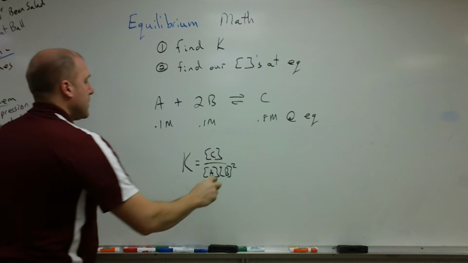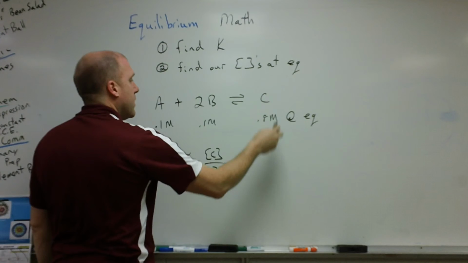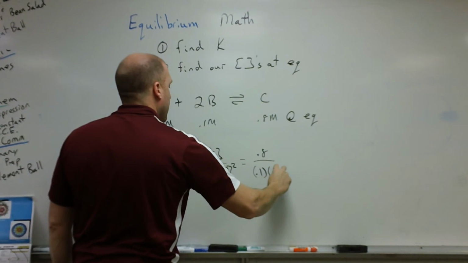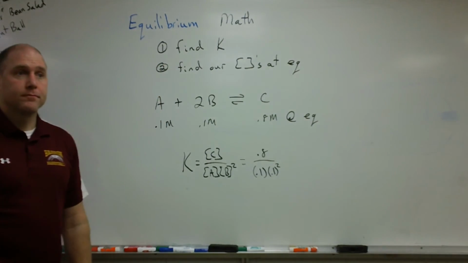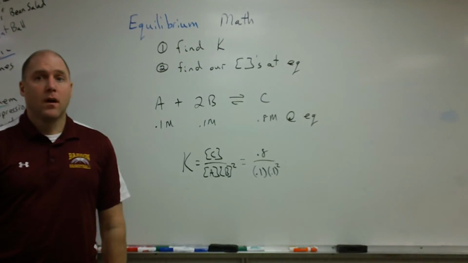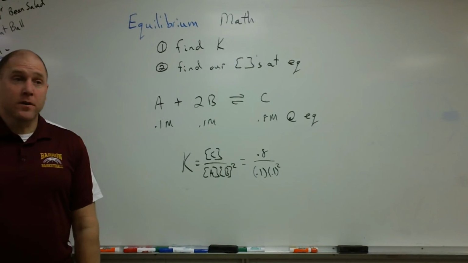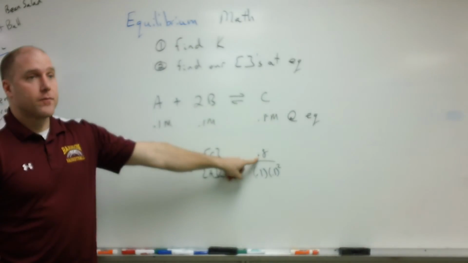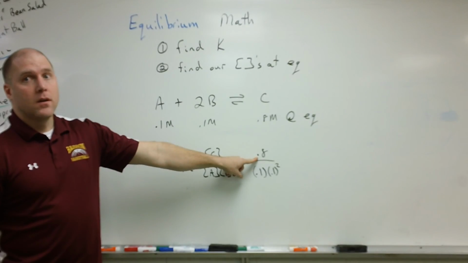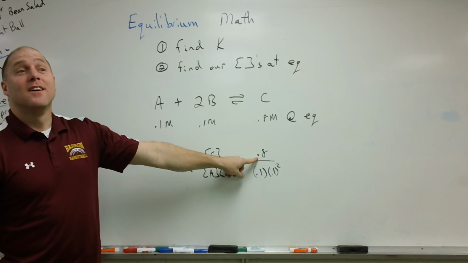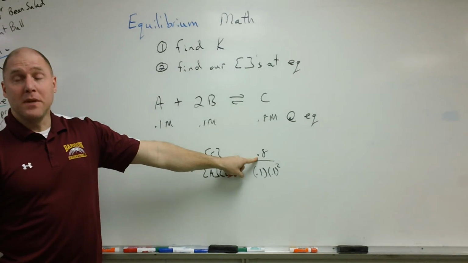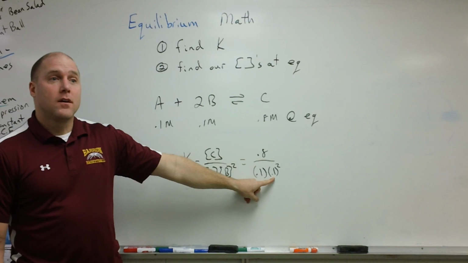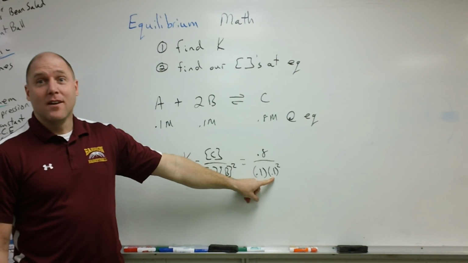Then you plug in your numbers. So I have 0.8 over 0.1 times 0.1 squared. You should be able to solve this one without a calculator, because dividing by 0.1 is going to make that 8. Another 0.1, 80, and another one.